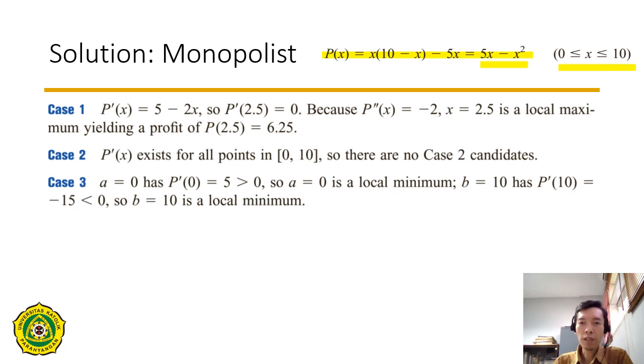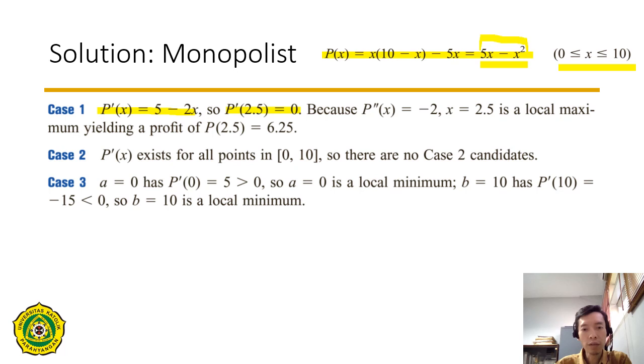So take the first derivative, it becomes 5 minus 2x, and then find the point where this first derivative equals 0. We can confirm that at the point 2.5, this derivative equals 0. And then we check the second derivative.